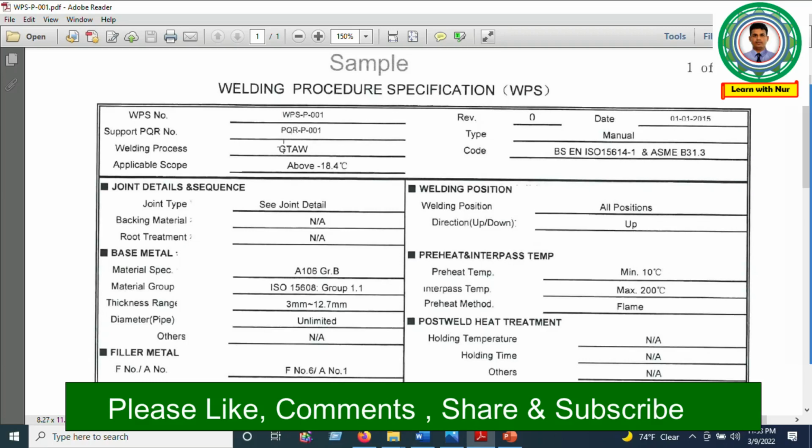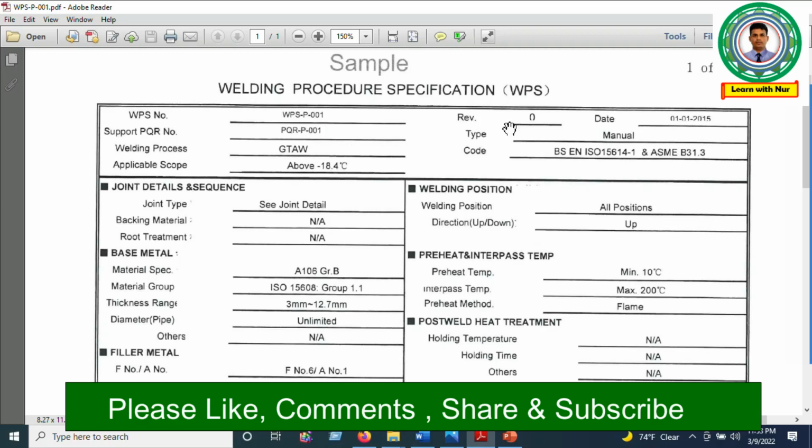Then the welding process, the process this WPS is for. Here it is GTAW, the gas tungsten arc welding process. The applicable scope is above minus 18.4 degrees Celsius, so this is the application point for this WPS.